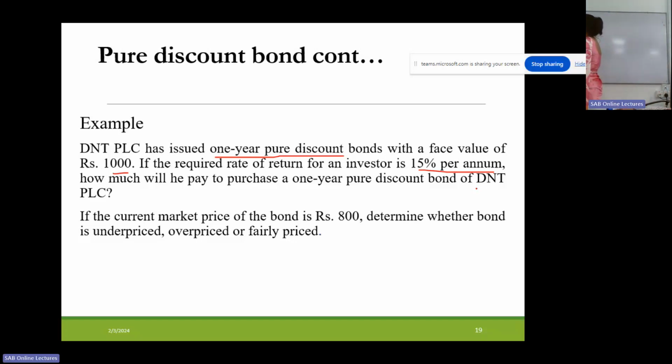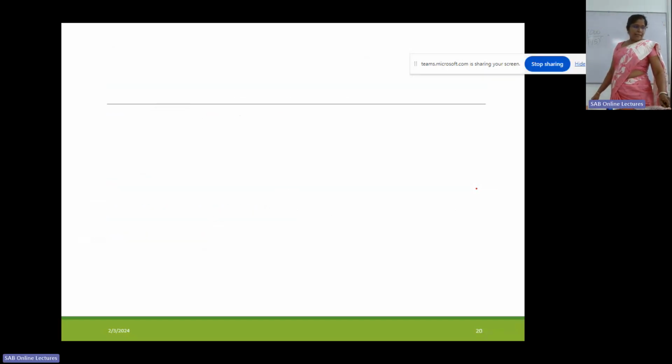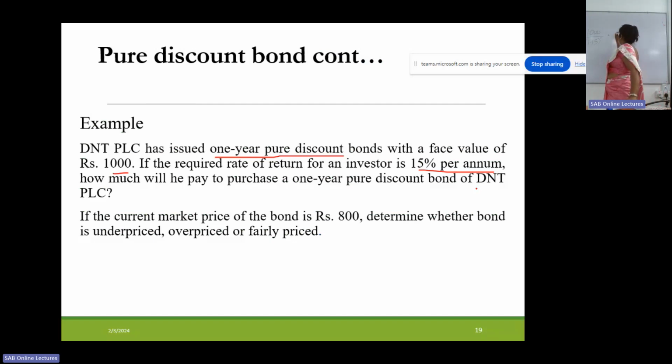So how much will the investor pay when investing in this 1-year pure discount bond? Their required rate of return is given as 15%. So he will pay a maximum of 869.57.